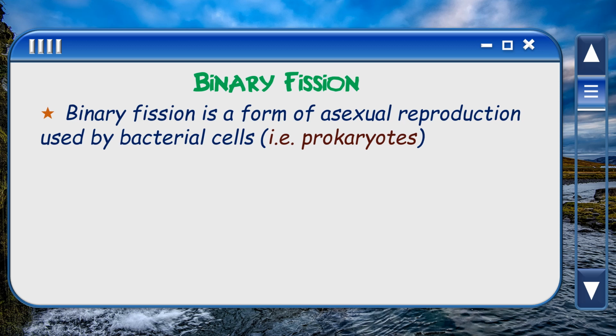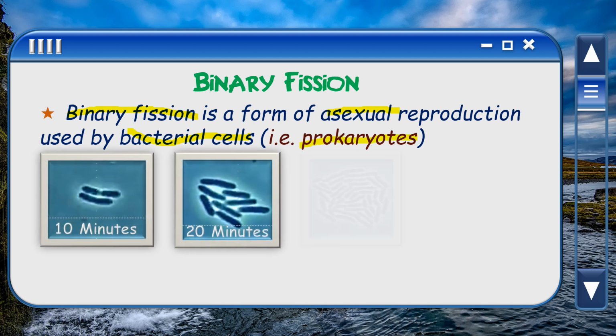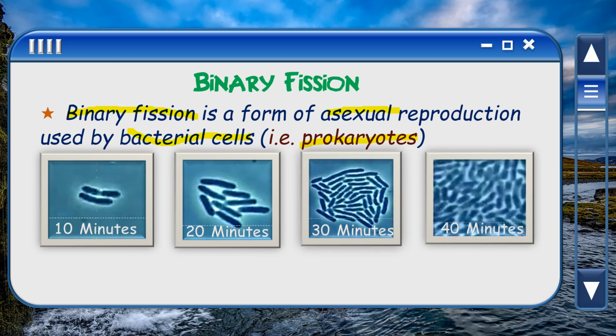Binary fission. We say that binary fission is a form of asexual reproduction, and it is used by bacterial cells, which are prokaryotes. When you look at our bacteria here, one bacterium within 10 minutes has already divided and formed 4. In 20 minutes, we would have more.